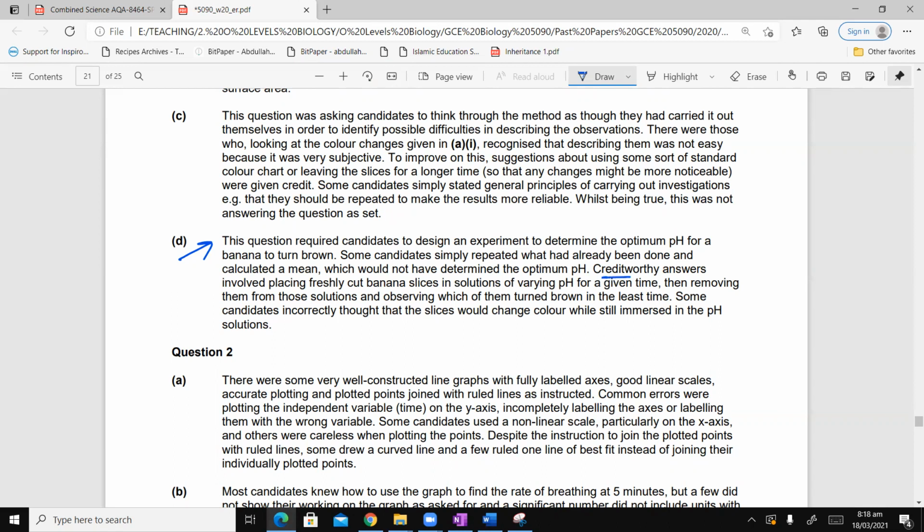Credit-worthy answers, like yours will be, God willing, involved placing freshly cut banana slices in solutions of varying pH for a given time and then removing them from the solutions and observing which of them turned brown in the least time. Some candidates incorrectly thought that the slices would change color while still immersed in the pH solution.